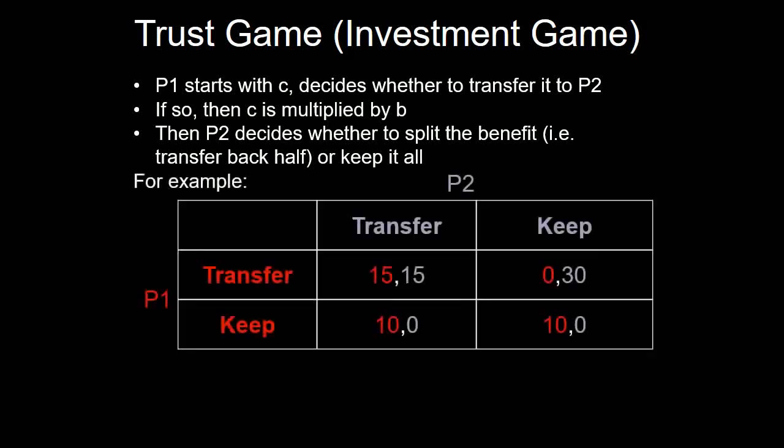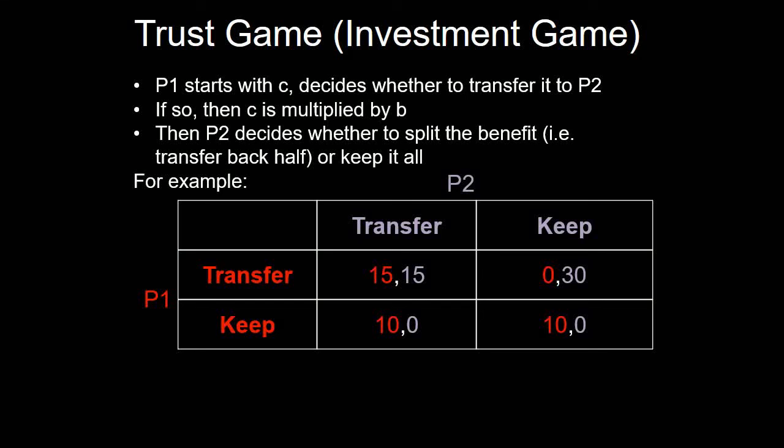If you think about how this translates into a payoff structure, let's put some specific numbers on it. Say that the amount player one starts with is 10 units, so C is 10, and say that B is 3. So player one starts with 10 units and decides whether to transfer it. If she transfers, it gets tripled, and then player two decides whether to split it or not.